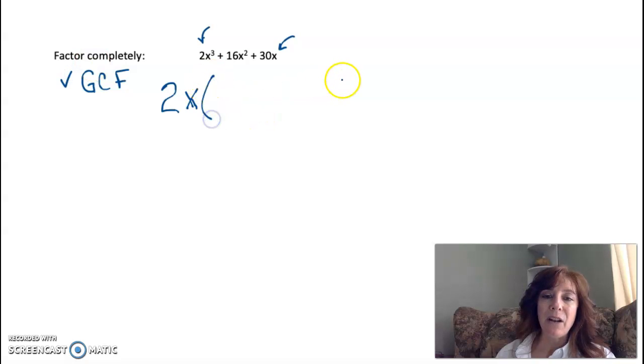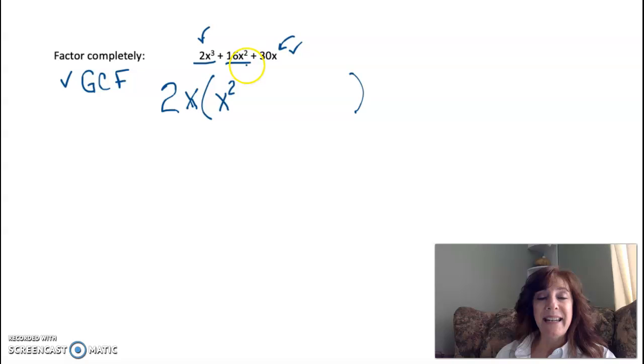Now I need to write down what 2x would be multiplied times in order to get this first trinomial. So I think 2x to the 3rd divided by 2x leaves x squared. 16x squared divided by 2x, that leaves 8x. And then 30x divided by 2x gives me 15.